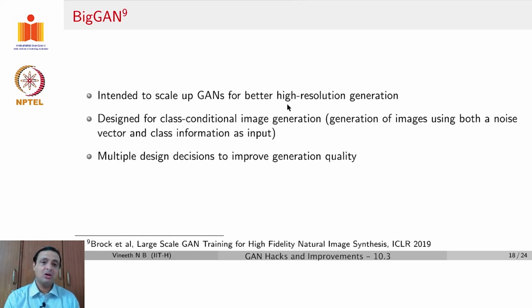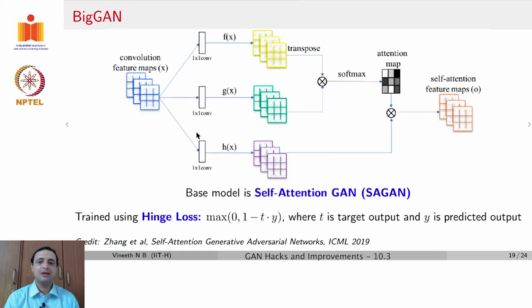It was designed for class conditional image generation, which means the input is both a noise vector, similar to a vanilla GAN, and some class information. It could be a one-hot vector, for instance, which together are given to the GAN to generate an image corresponding to that class. BigGAN also introduces a few different design decisions, as we will see in the next few slides.